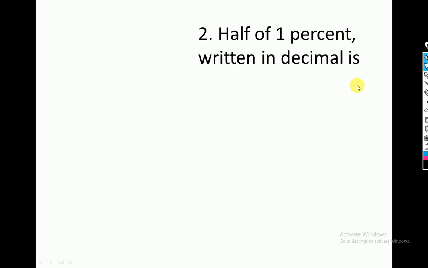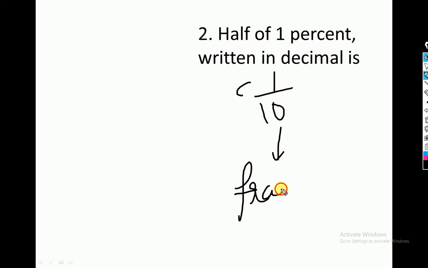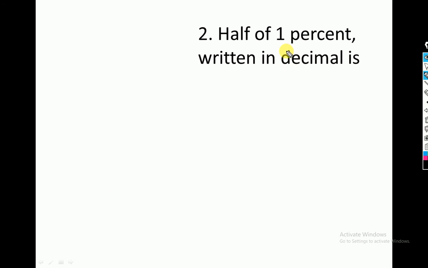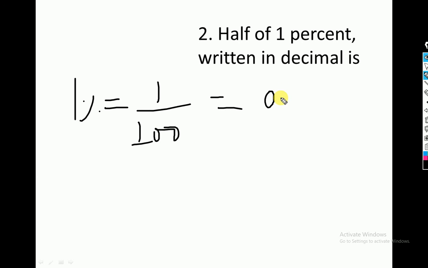Half of 1% written in decimal. Now 1 by 10 is a fraction, and similarly 0.1 is a decimal. So half of 1%, it's 1 by 100, and in decimal it's 0.01.